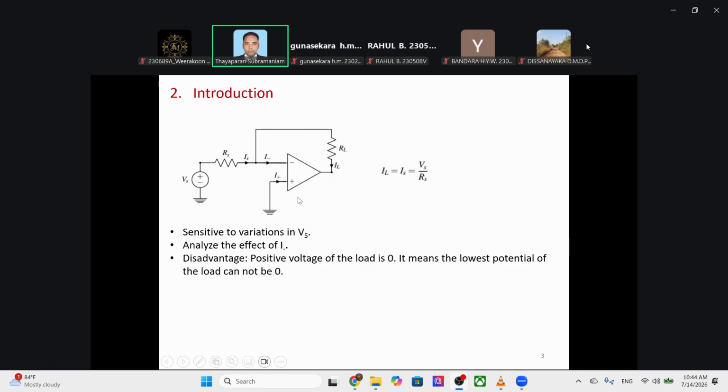But power consumption in the op-amp is also significant. Therefore, the efficiency of this circuit matters: how much power it consumes and how much power it gives to the load.